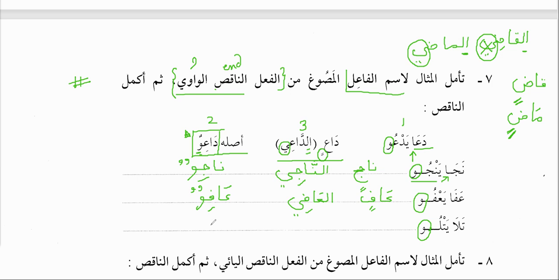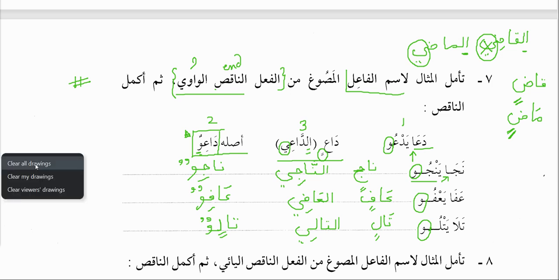Tala, let's see. Ta'liwun. Ta'liwun. And now we'll make tali with the ya, and talin. So that's how you get the structure. All these that you have made here are all ism manqus.